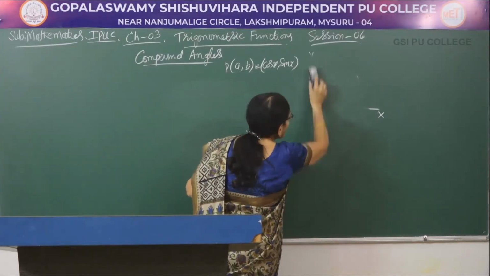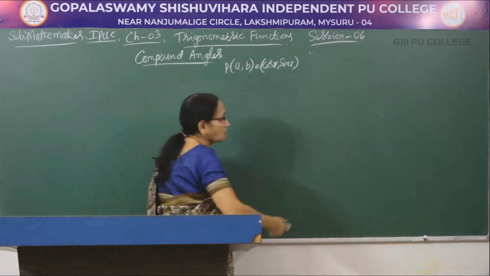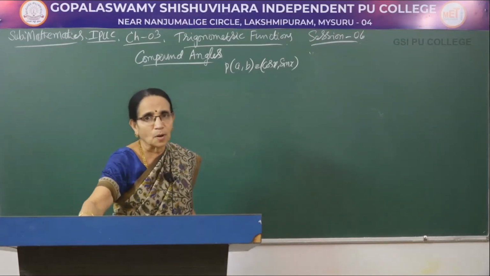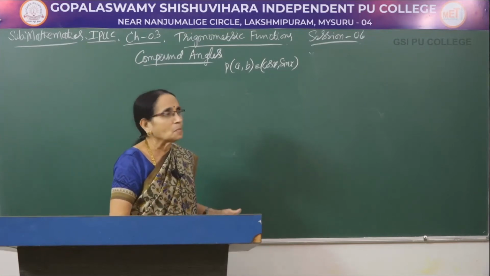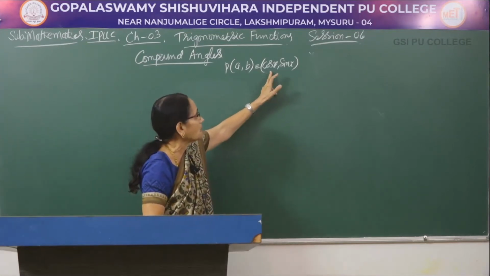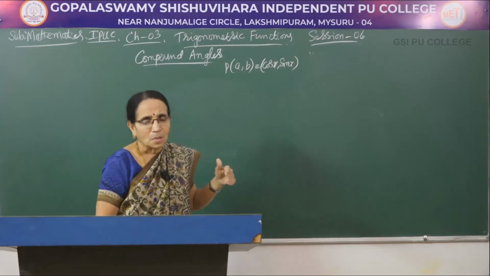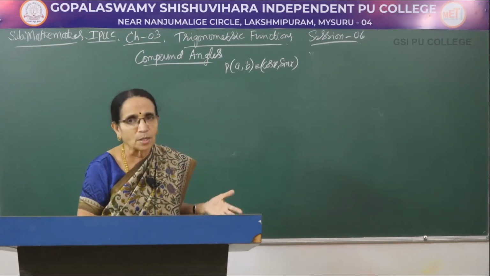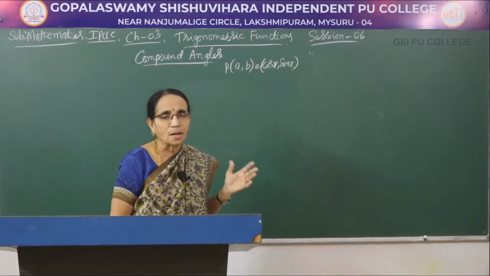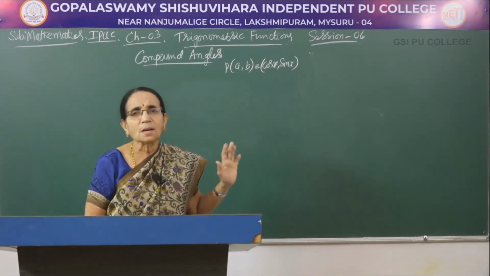Of course, here we have taken the circle to be a unit circle, therefore the radius was 1. Otherwise, if the radius is not 1, if it is some other number r, then it would be r cos x comma r sin x. But in the next derivation also I will be considering the radius to be 1. Therefore, you can directly take it as cos x, sin x. So, generally we can take this.